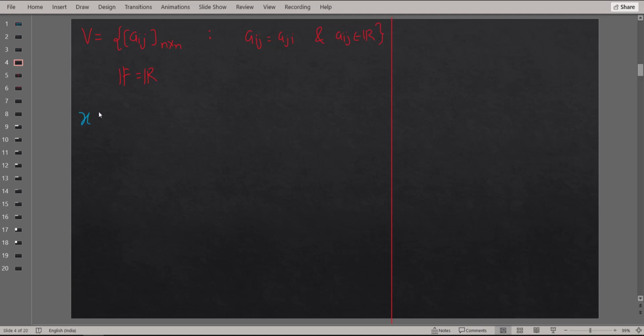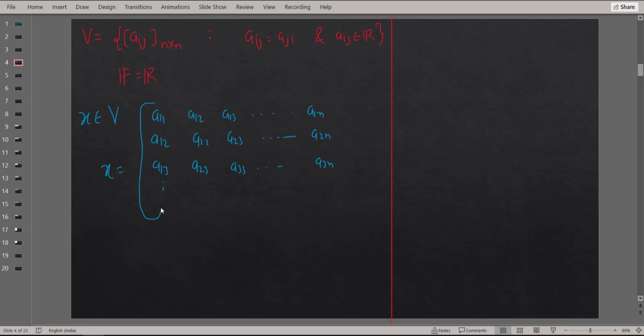So any vector x belonging to V is of the type a11, a12, a13, and so on up to a1n, then a21. Now a21 can be written as a12, a22 remains a22, a23, and so on up to a2n. a31 can be written as a13, a32 can be written as a23, a33 remains a33, and so on up to a3n.